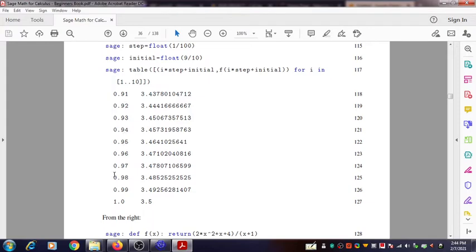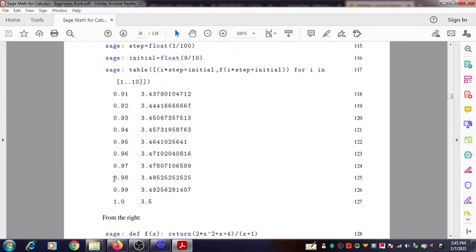So these are the x values, and the corresponding function values are calculated by the Sagemath system and then displayed in the second column of the table. You can check these values, and you can see that the values are changing and approaching continuously, finally, the value 3.5.